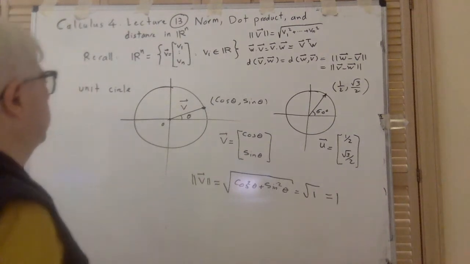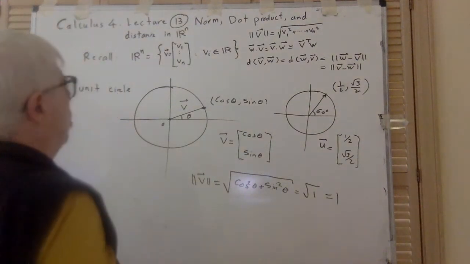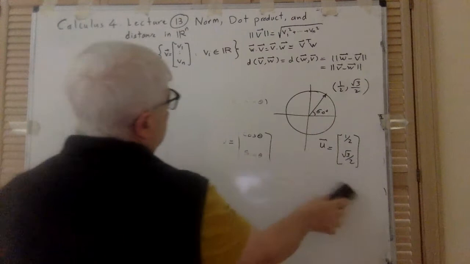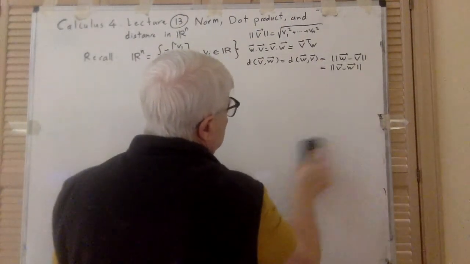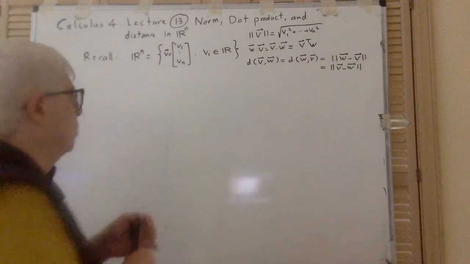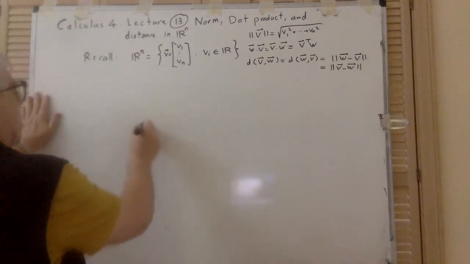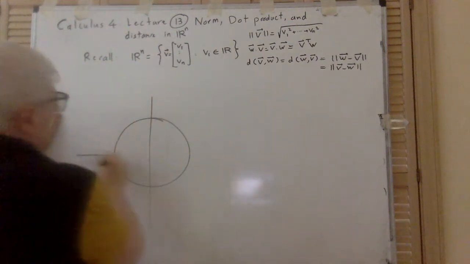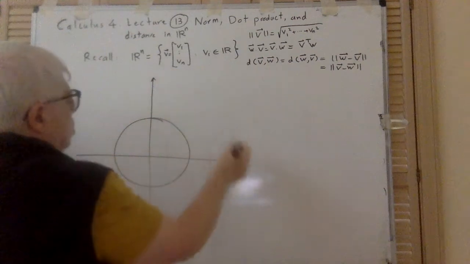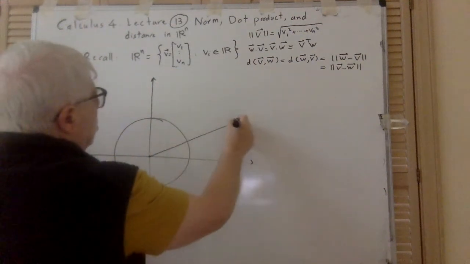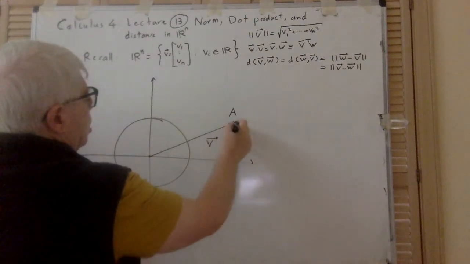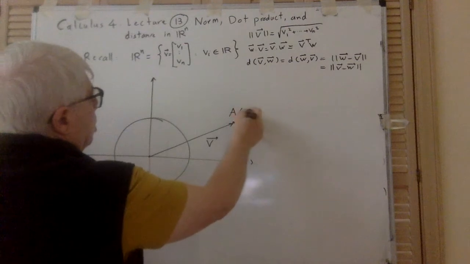Now suppose I have any vector in R2. Let me erase this, I need some extra space here. Let me draw the unit circle again and the coordinate axes. Suppose I have a vector like this, v, with coordinates, say, a and b.